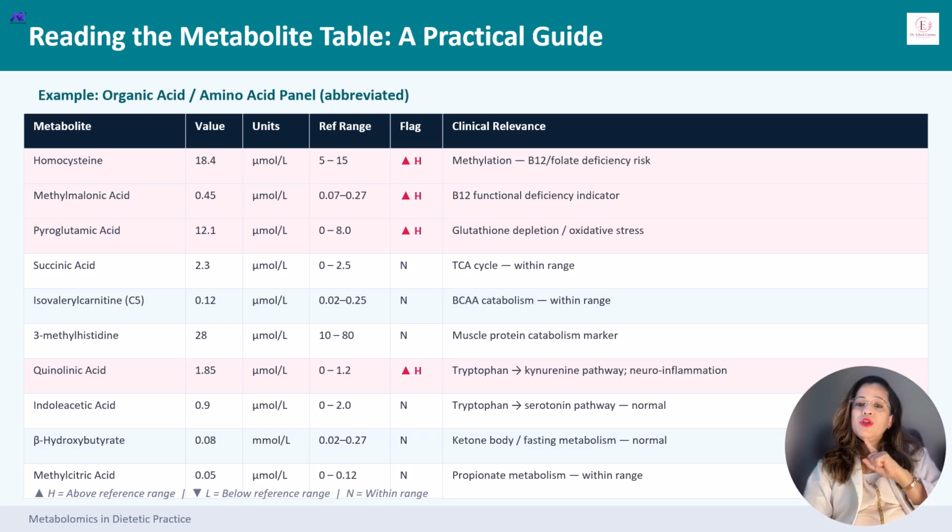In a metabolic report, if you find that the MMA is 0.45, which is high, it means that it is a very sensitive marker, that even if the B12 appears normal, there is a problem with the metabolite, and therefore this action needs to be taken.